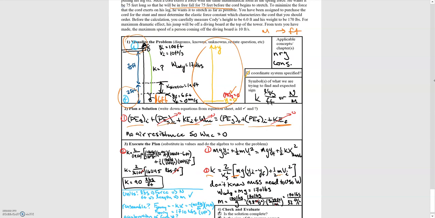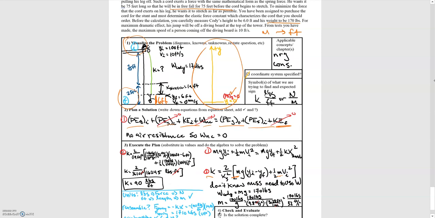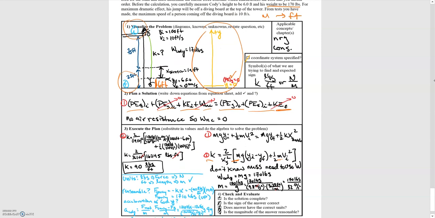We're given the weight. Cody weighs 170 pounds, so we can solve for mass, and this is where the conversion came in, converting g to 32 feet per second squared. Substituting all of that in, you find K is equal to 90 pounds per foot, and then down here is just a check for units and whether it makes sense.